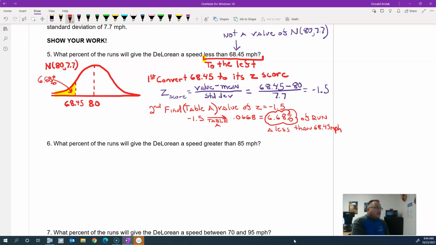Okay, next one. Now we're finding a speed greater than 85. So this is going to be an example of to the right.